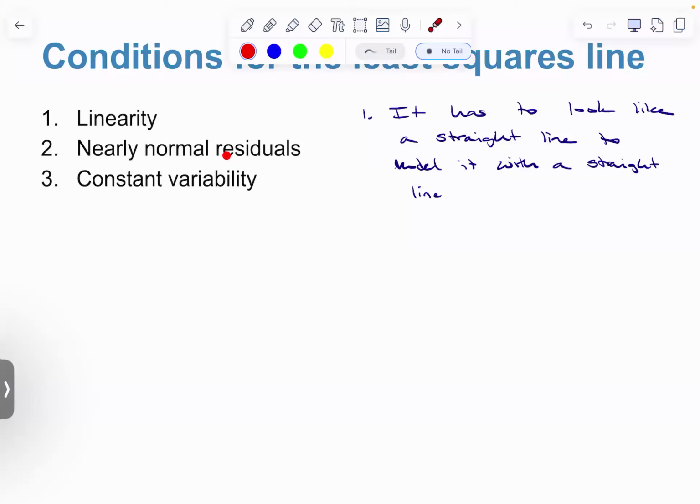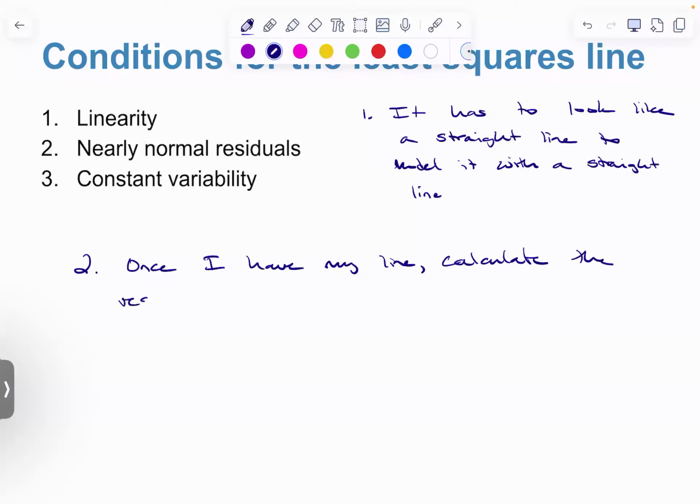Nearly normal residuals is going to mean that once I have my line, I need to be able to calculate all my residuals, and they should follow a normal distribution. So once I have my line, calculate the residuals, which we do how? That point of x, in your data set, you're going to have xy points.